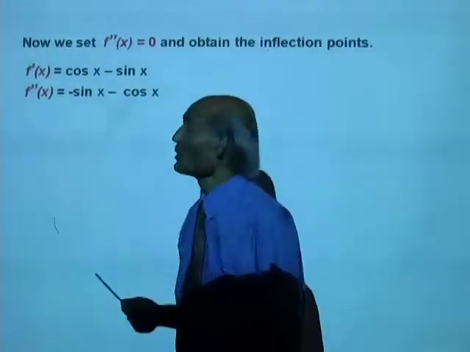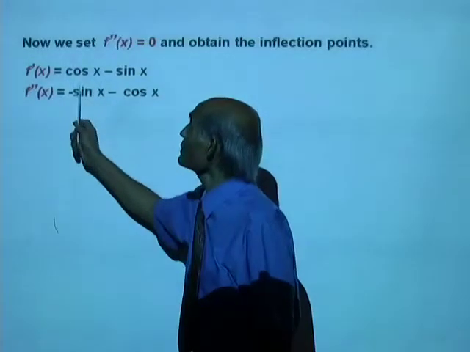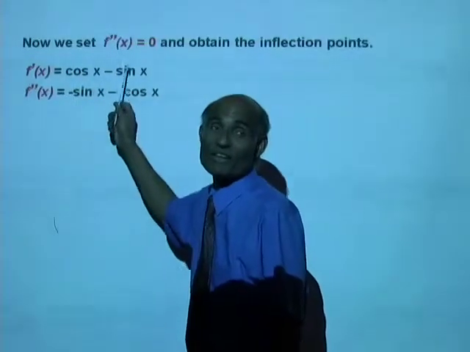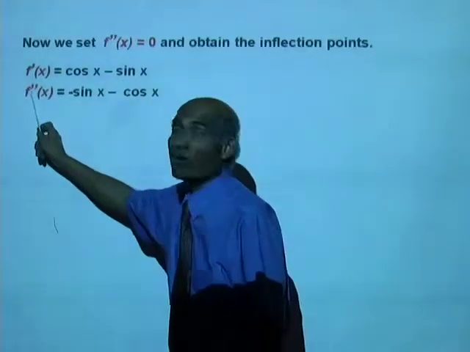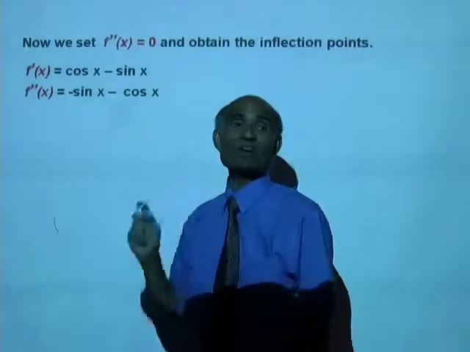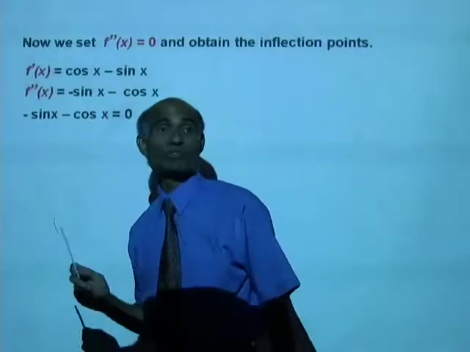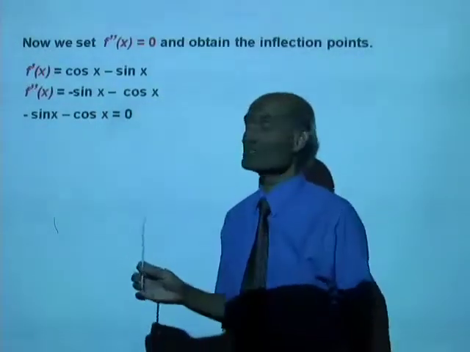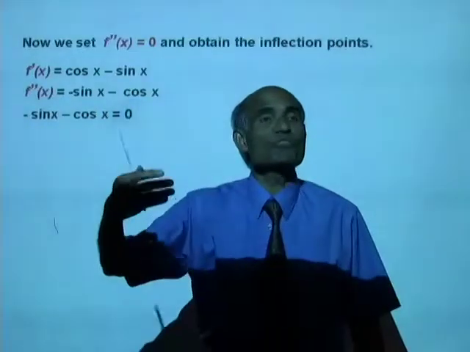Therefore, the second derivative is: the derivative of cos x is negative sine x, the derivative of sine x is cos x. Therefore, the second derivative is negative sine x minus cos x. Now, set that equal to 0. Negative sine x minus cos x equal to 0, and solve it for x.